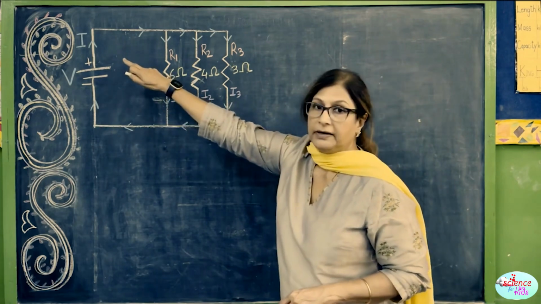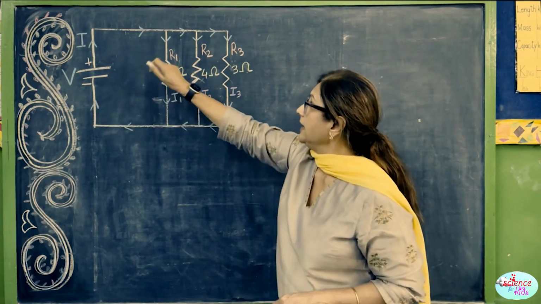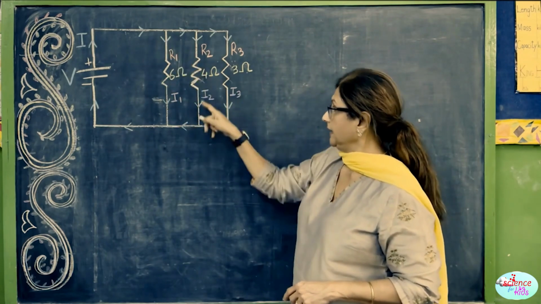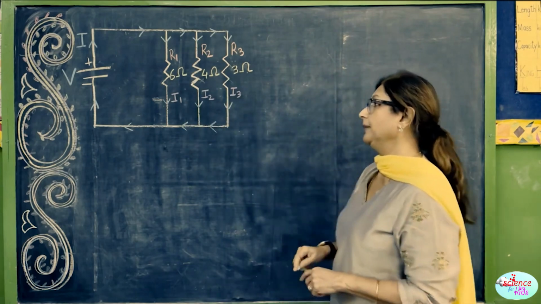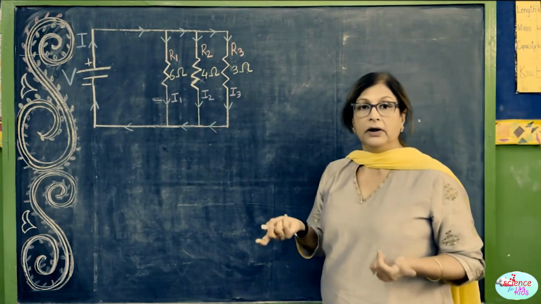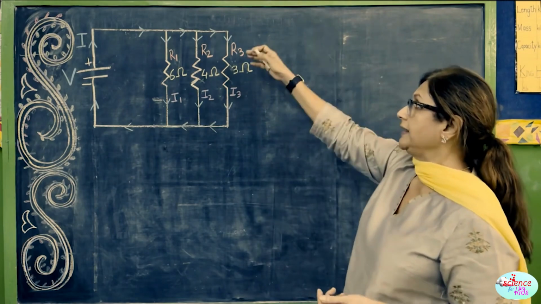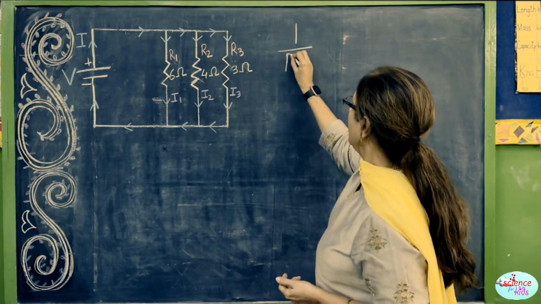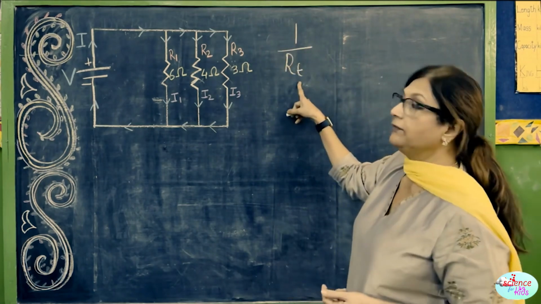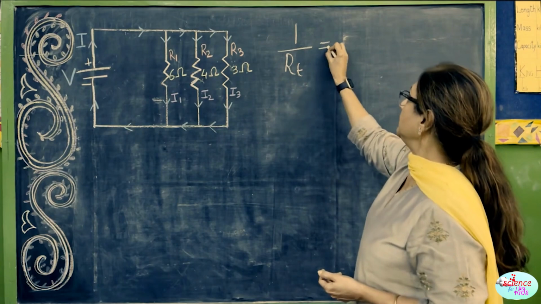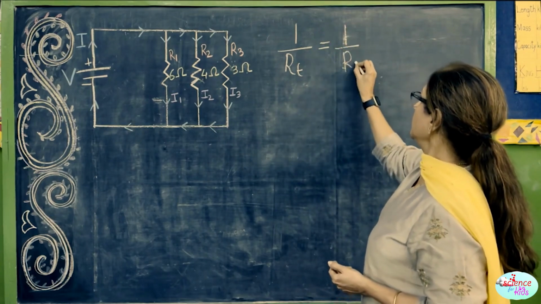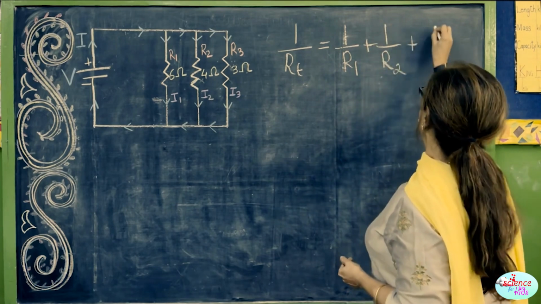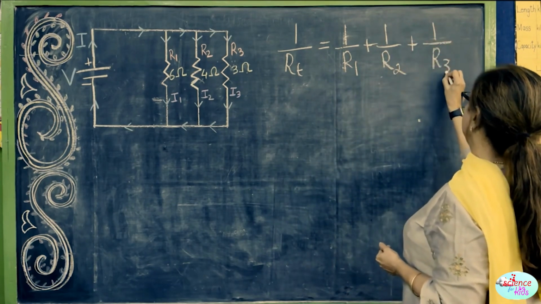I is the total amount of current which is coming out from the battery, and I1, I2 and I3 are the current that is being divided in these 3 resistors. Alright, so as we already know the formula to find total resistance in parallel, which will be 1 over RT, T stands for total resistance, which will be equal to 1 over R1 plus 1 over R2 plus 1 over R3.